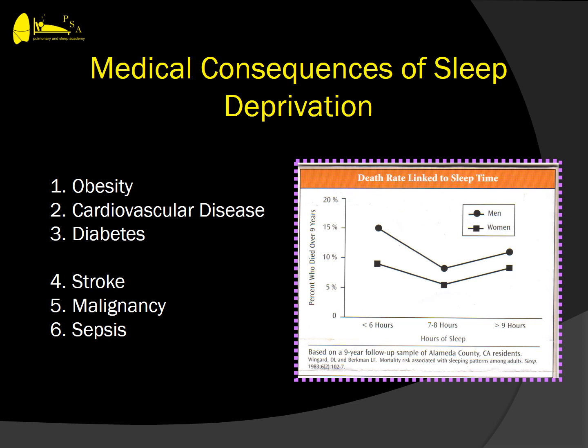So the three that are clearly associated with sleep deprivation are obesity, and we talked about mechanisms in terms of the hormonal explanation, cardiovascular disease, and diabetes. There's also a less statistically convincing association with stroke, malignancy, and sepsis that have higher prevalence among patients who are sleep deprived as well.